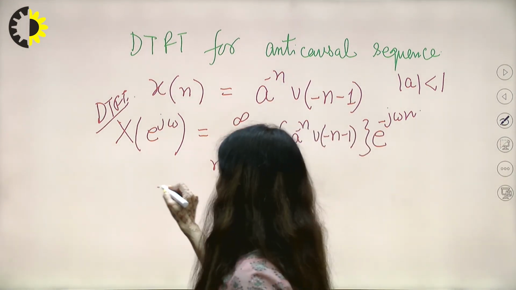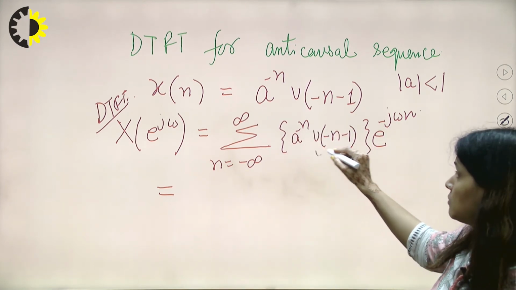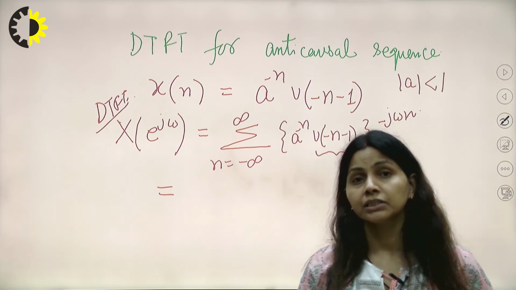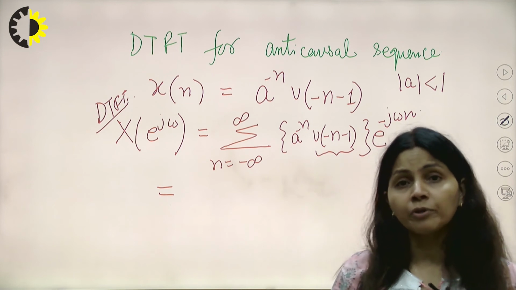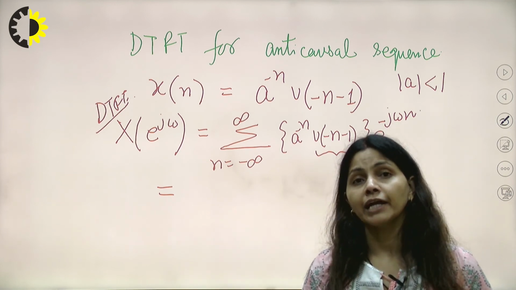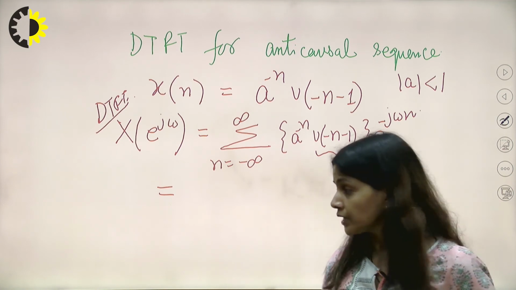Solving this, we need to see the limits of u[-n-1]. This is an anti-causal sequence. How is it anti-causal? Because it is defined only for the negative values and it does not exist for the positive values. So it is an anti-causal sequence, as we can see.